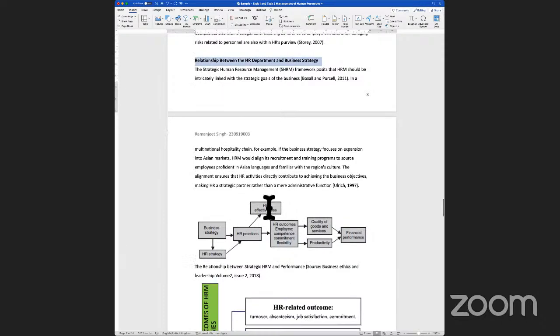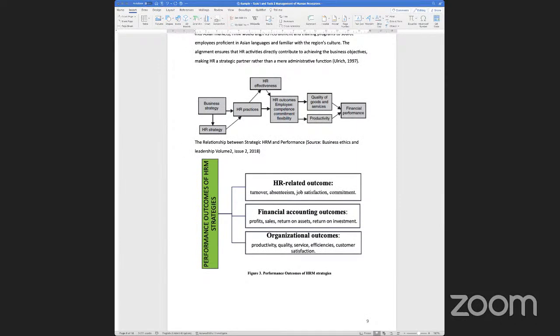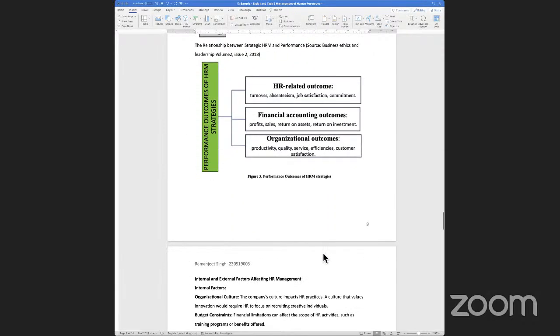Now, you could also do a table if you feel that is going to be more beneficial to put this across as an answer. That table would have things related to, say, for example, what the business strategy of the company is, and how that business strategy is translated into HR objectives.